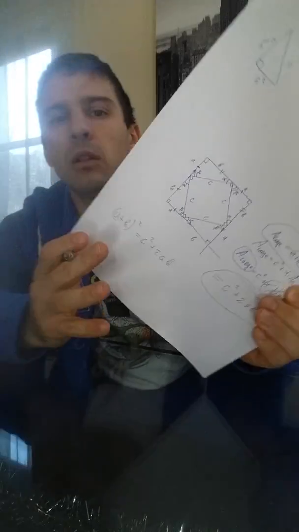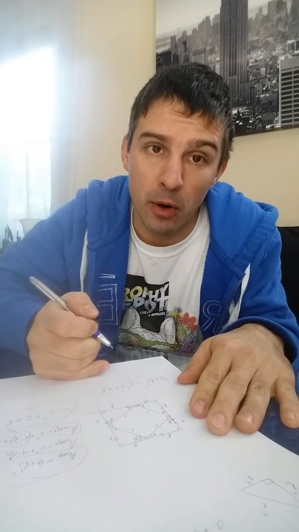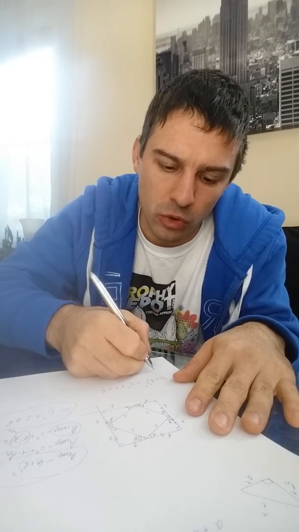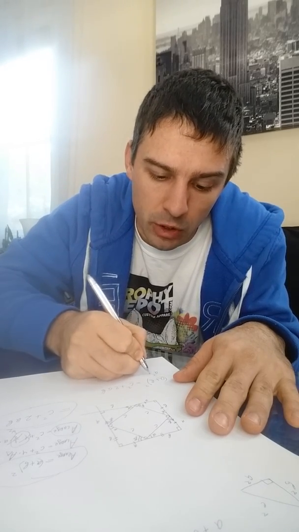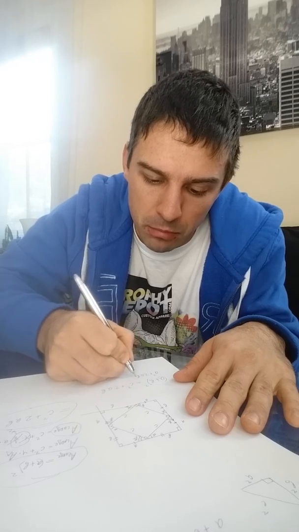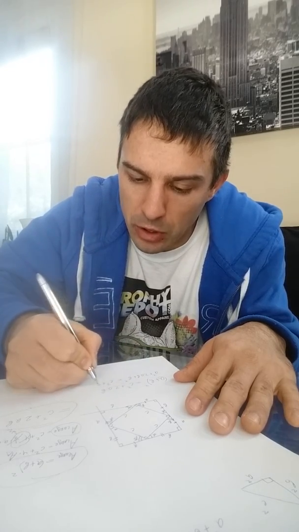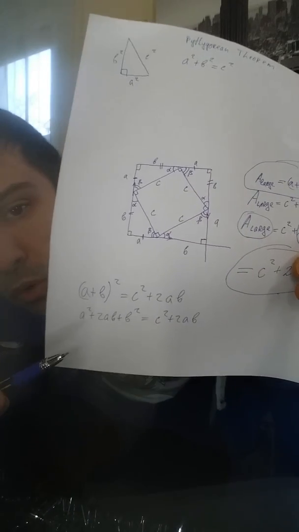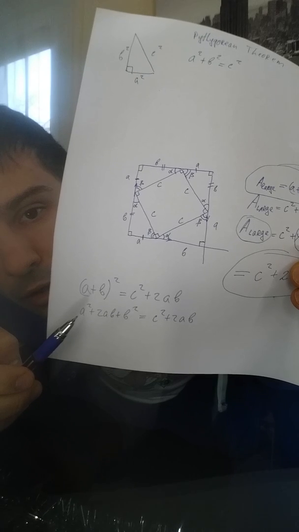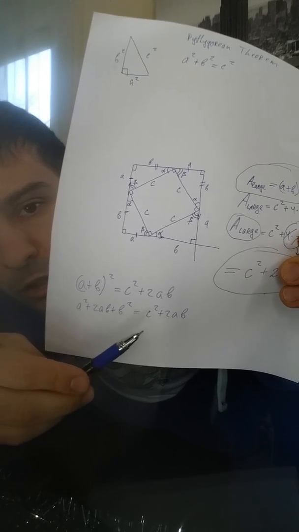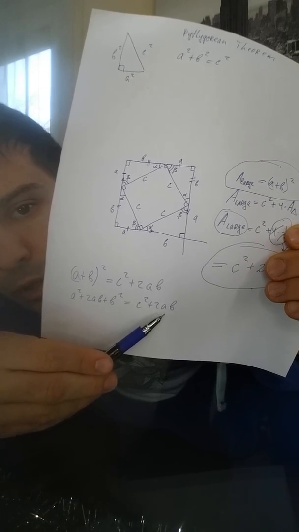So, let's open up our parentheses. As we know from standard algebra, (a plus b) squared equals a squared plus 2ab plus b squared. And we're going to continue with the c squared plus 2ab. And hey, look, a squared plus 2ab plus b squared equals c squared plus 2ab.